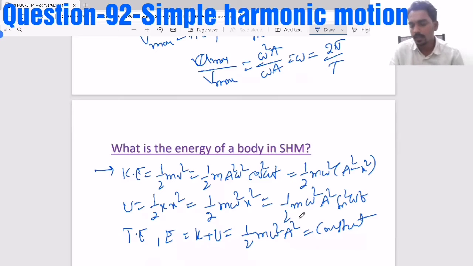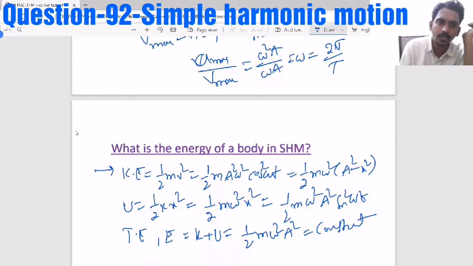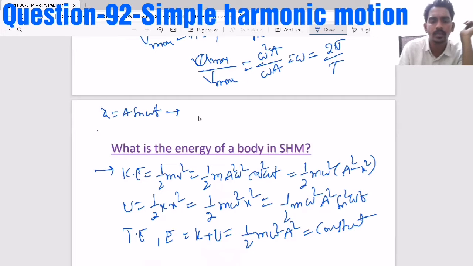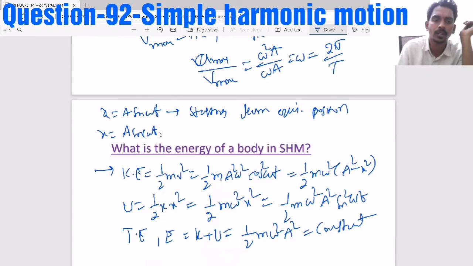Now, one more thing I will tell you. The displacement equation we have taken is x equals a sine omega t. So x equals a sine omega t means the body starts from the equilibrium position. That is the condition. If the body starts from a random point, then the equation will become a sine of omega t plus phi, where phi is the initial phase.